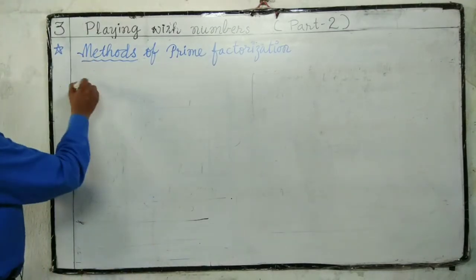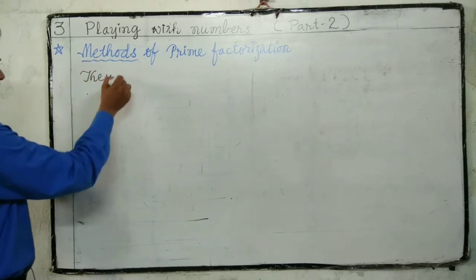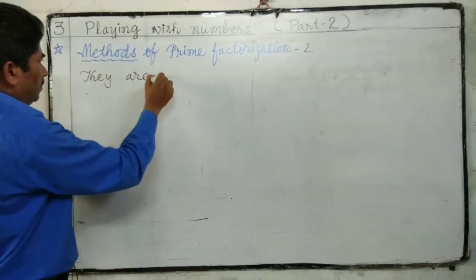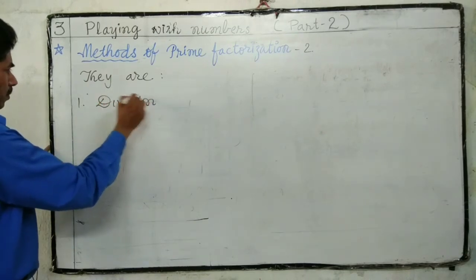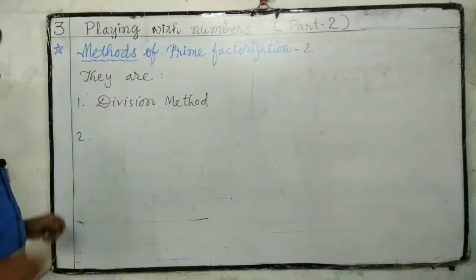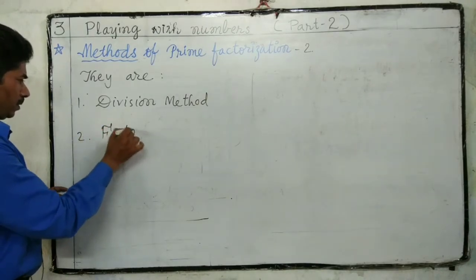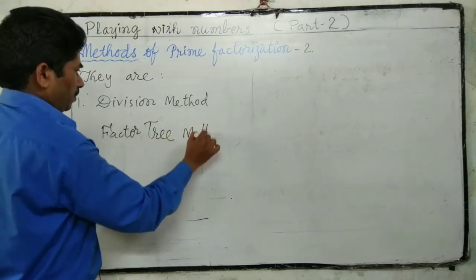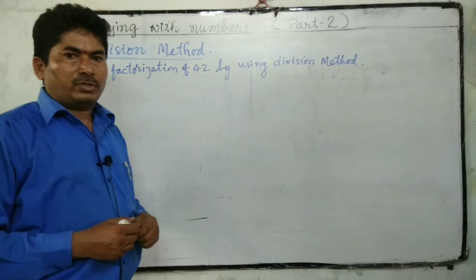They are: first one, division method. Second one, factor tree method.